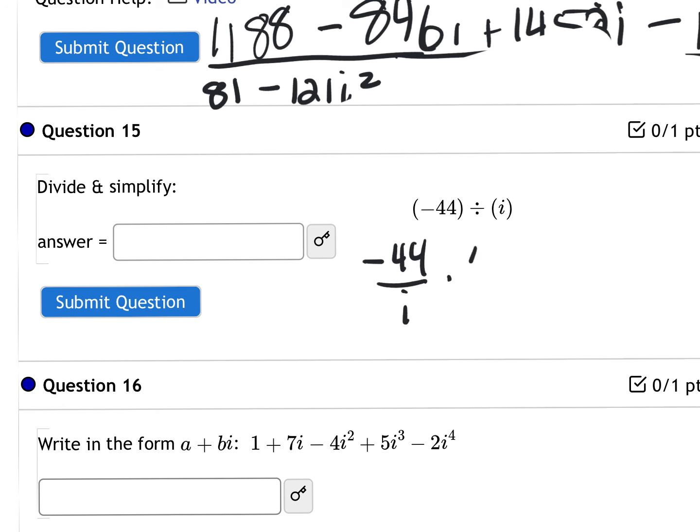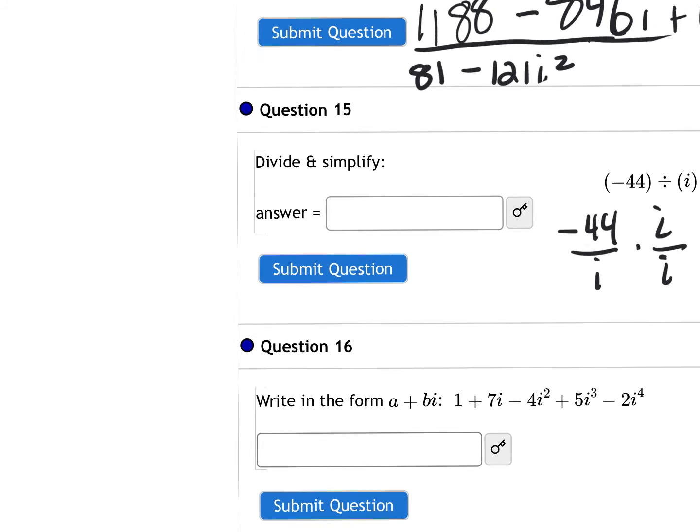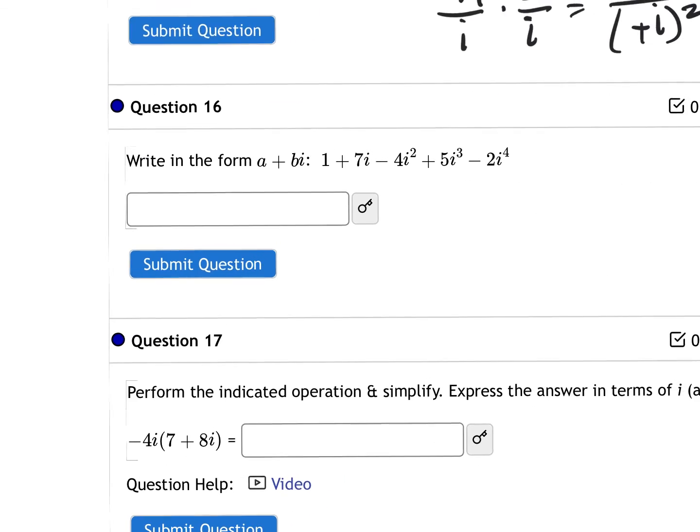Get rid of the i on the bottom, multiply top and bottom by i. 44i over i times i squared, which is negative 1. So 44 divided by i is negative 44i.